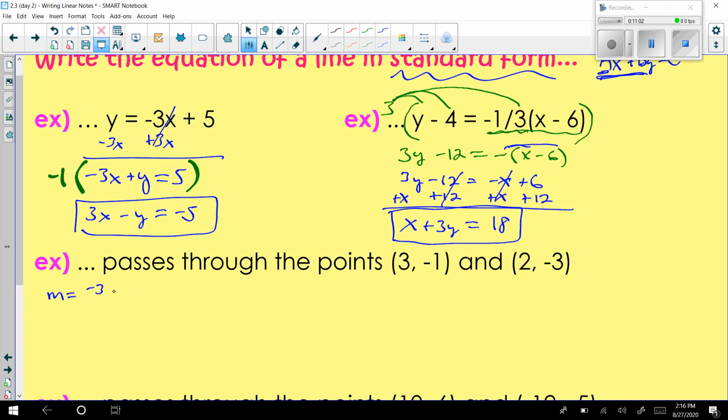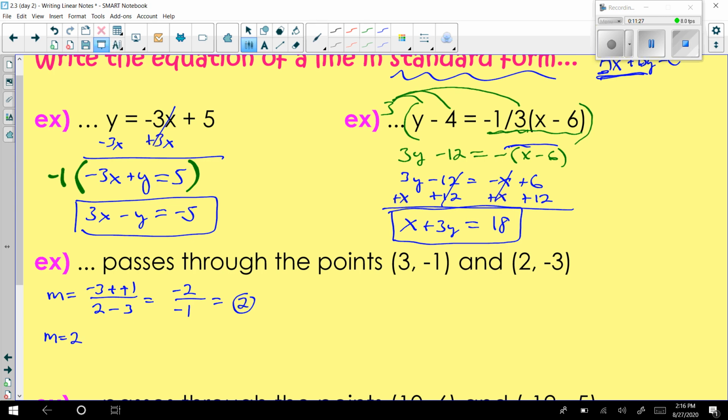So my y2 is -3 minus a negative y1, -1, over 2 minus 3. All right, those add to give me -2. And on the bottom here, that's -1. So this simplifies to be a +2. So my slope I'm using is 2.